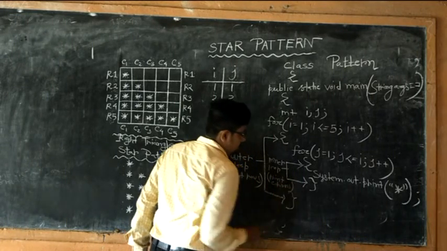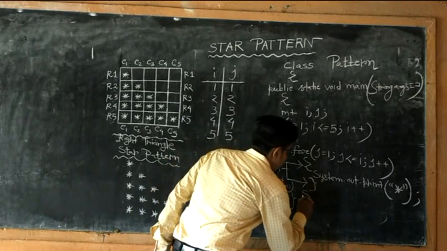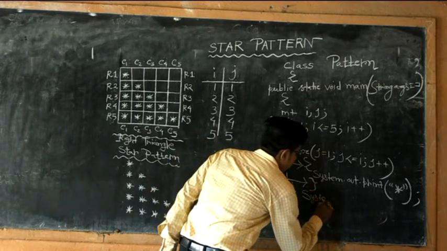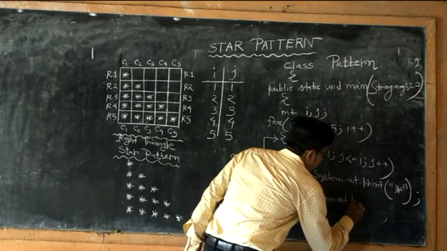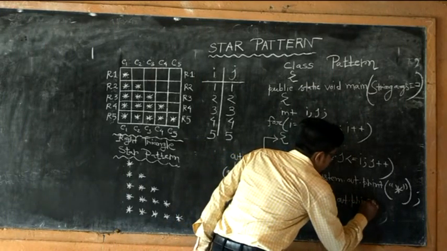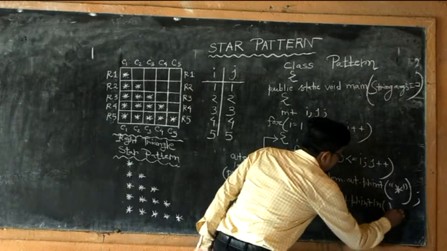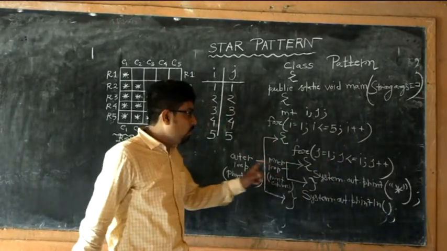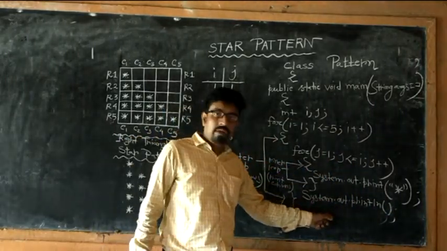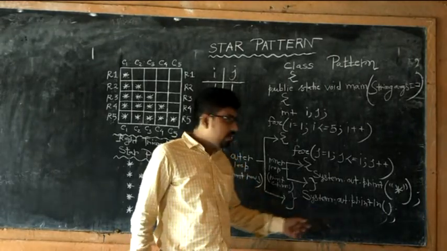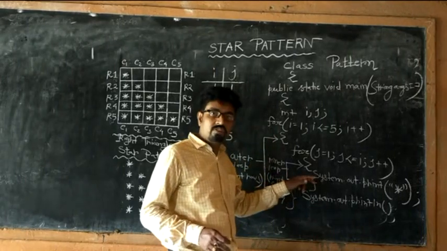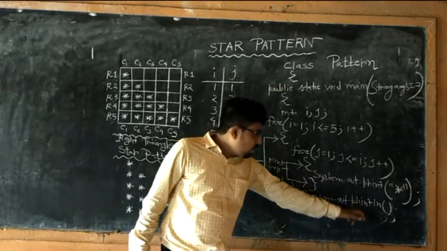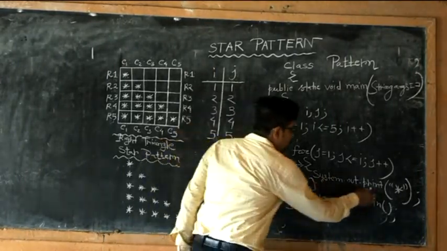Now here System.out.println. I have written this for creating a new line. After printing one row's column values, it will go to the next line, the next row, and start the process for the next operation. I mean the next line starts. This one is System.out.println, and this one is System.out.print.